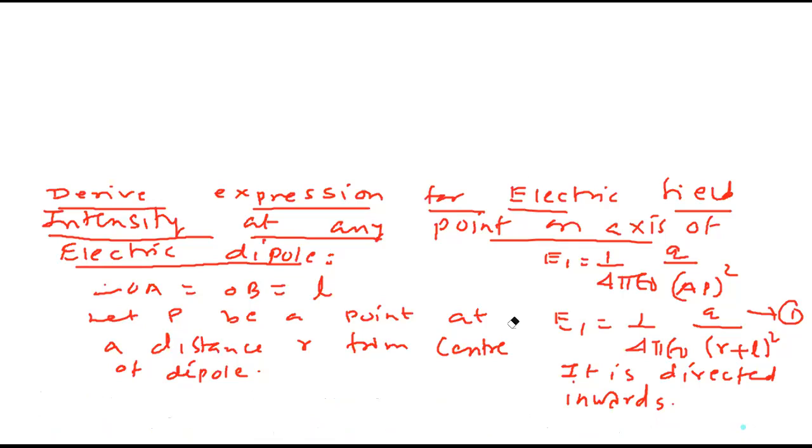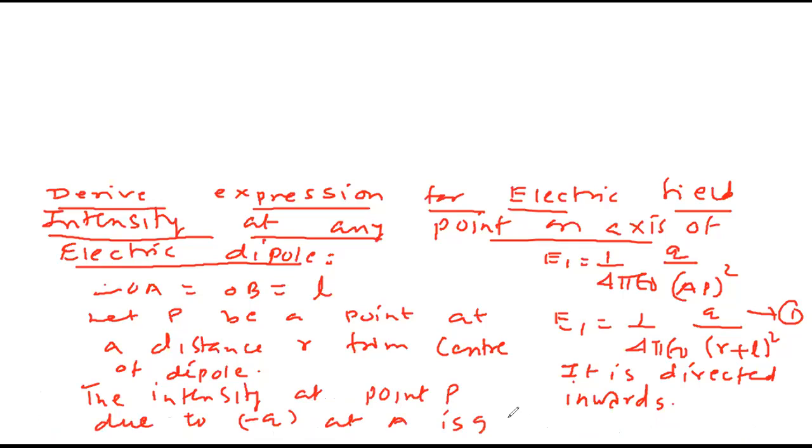The intensity at point P due to minus Q at A is given by E1 equals 1 upon 4 pi epsilon naught Q upon AP square. It is directed inwards.